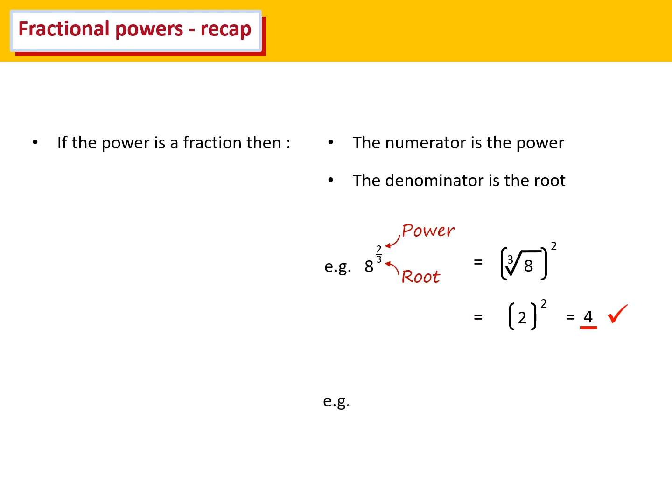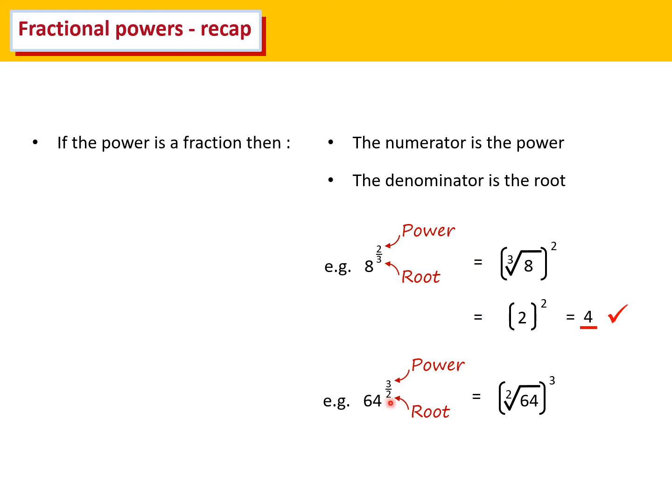Let's look at a second example. We've got 64 to the power of 3/2, so the power is a fraction. The 3, which is a numerator, represents the power. The 2, which is the denominator, represents the root. What does that mean? It means that 64 to the power of 3/2 is the square root of 64. Why?